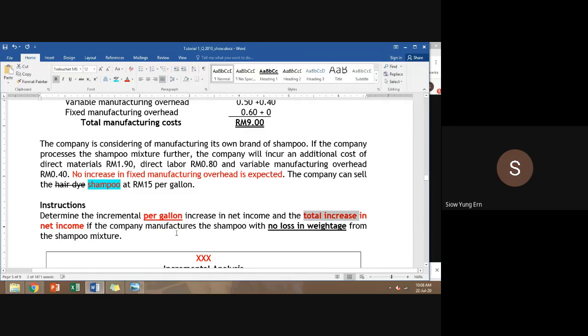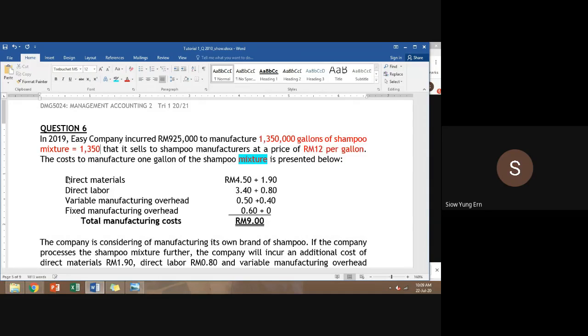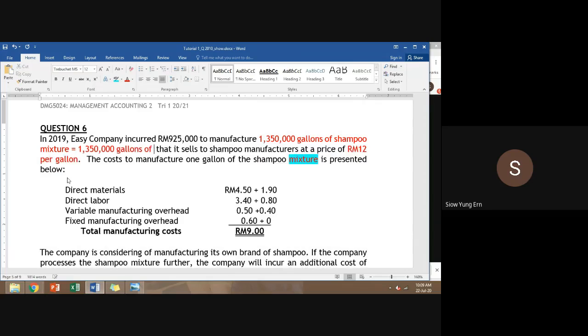If the company manufactures the shampoo with no loss in weightage from shampoo mixture, no loss in weightage, that means you have 1.35 million gallons of shampoo mixture. You will also get 1.35 million gallons of shampoo.